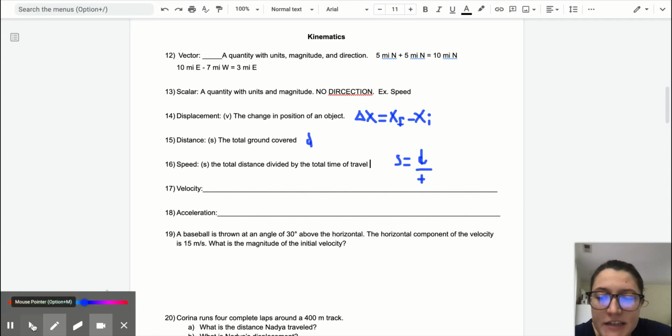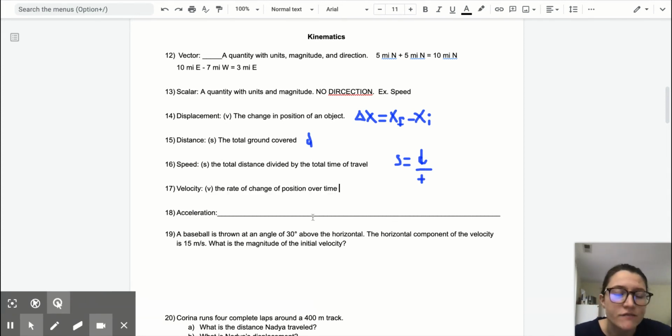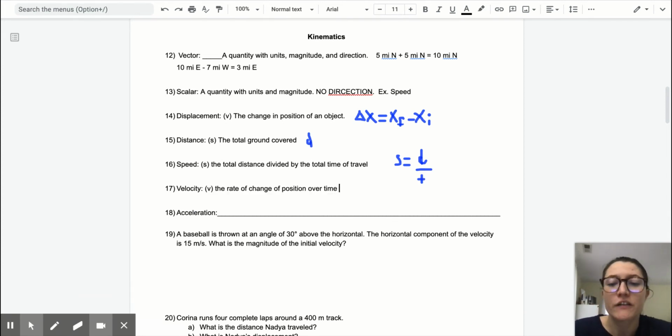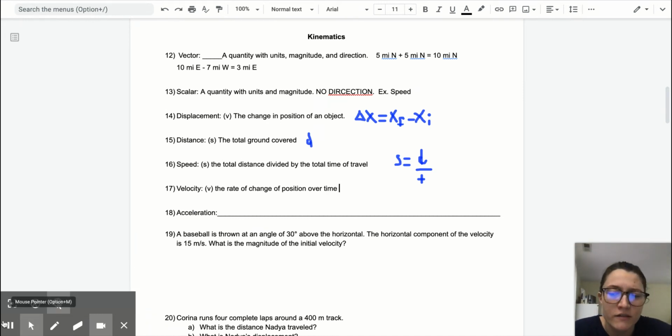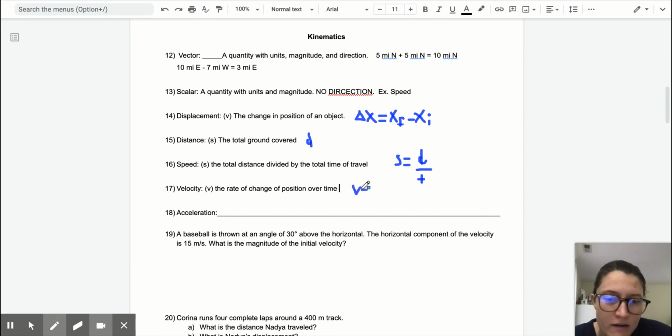Velocity. Velocity is a vector quantity, v for velocity, v for vector. It's the rate of change of position over time. So our equation for average velocity, which is on that unified equation sheet in Classroom, will be the displacement, delta x, over time, delta t.